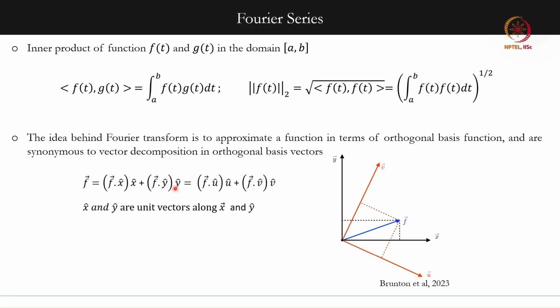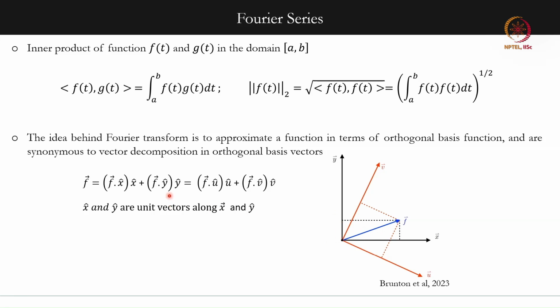Here x cap and y cap are nothing but unit vectors along the x and y directions. And f dot x cap is the projection of f along the x axis, which is basically this length. Similarly, f dot y cap is the projection of f along the y axis, which is basically this length.